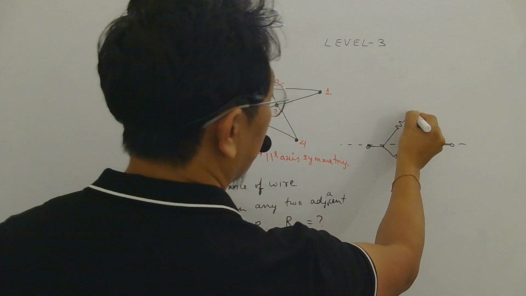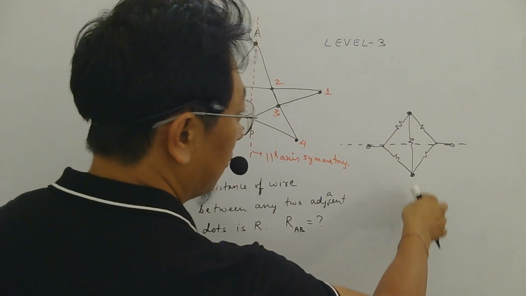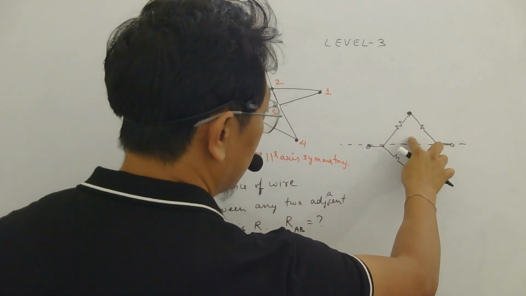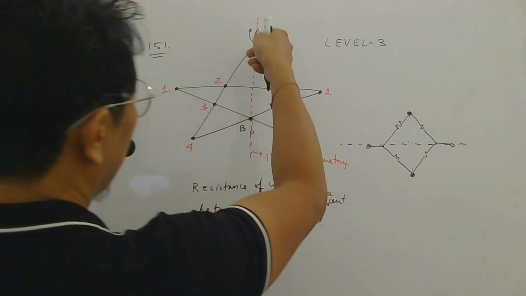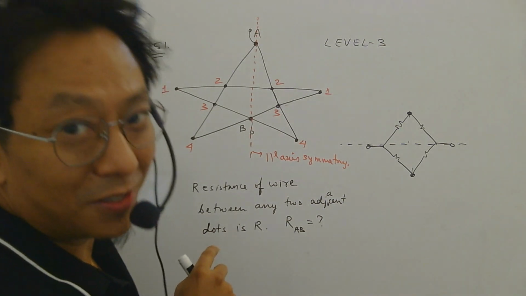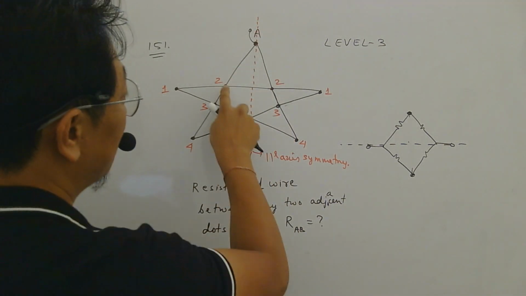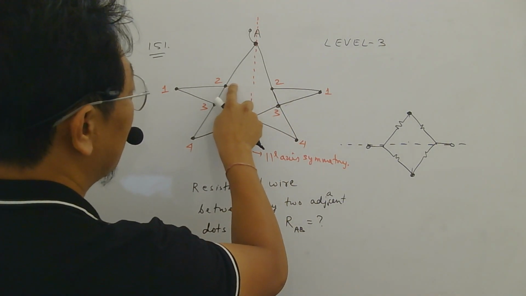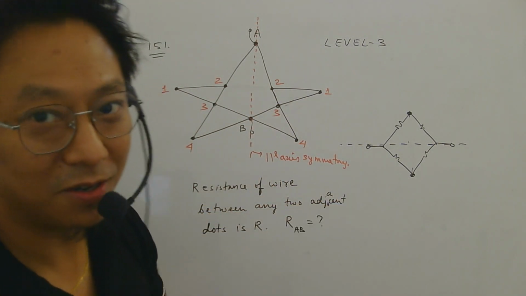So I told this point and this point will be at same potential. So no current will flow here. So this resistor, which is perpendicular to this axis, can be removed. So here, which resistor is perpendicular to this axis? Of course, this resistor, so that can be removed. Okay, using the concept of symmetry.